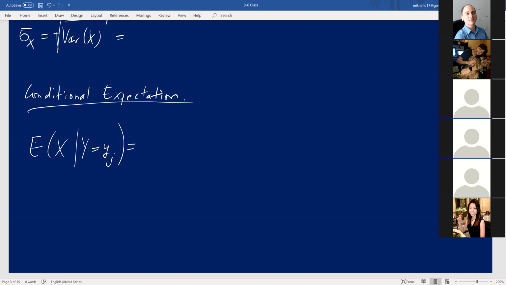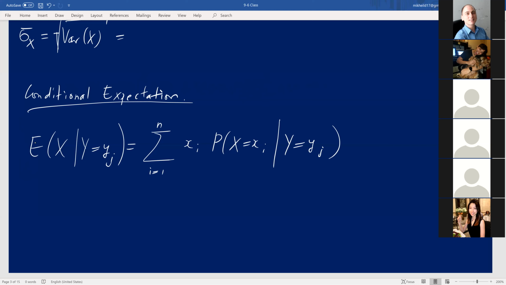The formula is the sum of xi times the probability that x equals xi, conditional that y equals yj, where i changes from 1 to n.